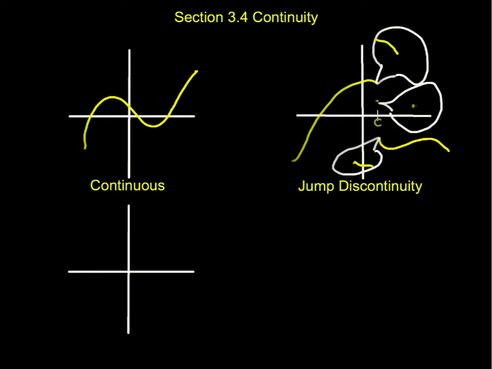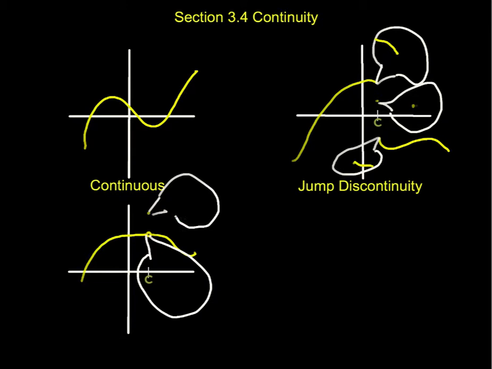Another kind of discontinuity would be a point discontinuity. So here, come along, and maybe there's a hole in my graph, somewhere where it's undefined. And it could even be defined, we could have a value there. Again, if I zoom in at this point, looking at the infinitesimal level, or I zoom in here, we've got two different kinds of behaviors at this point of discontinuity.